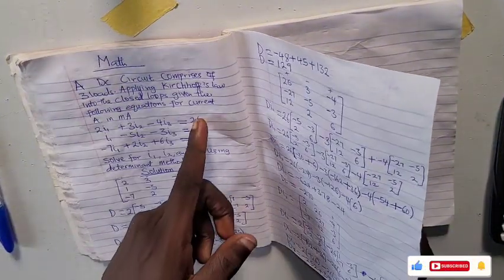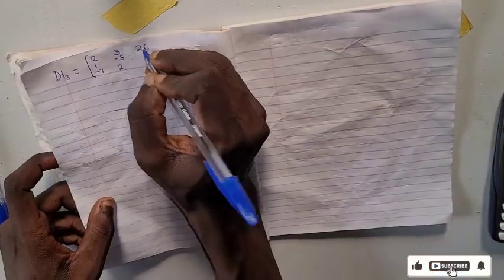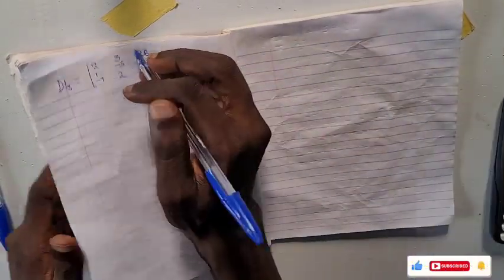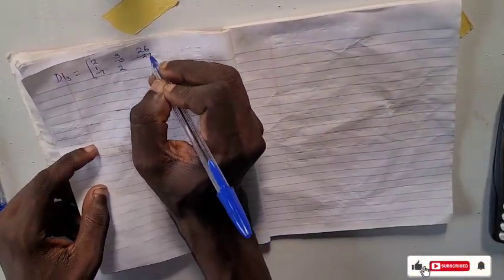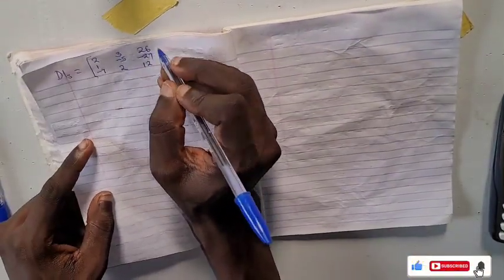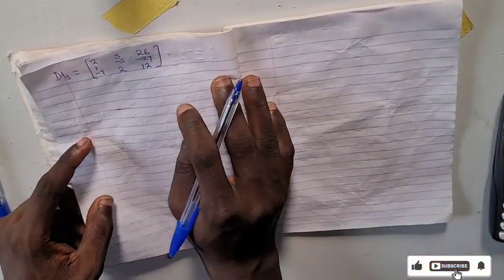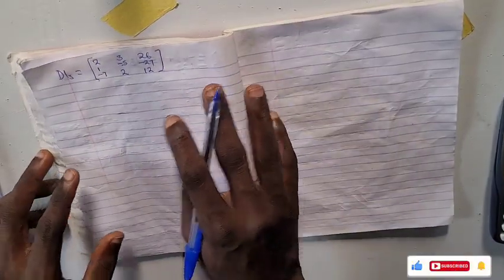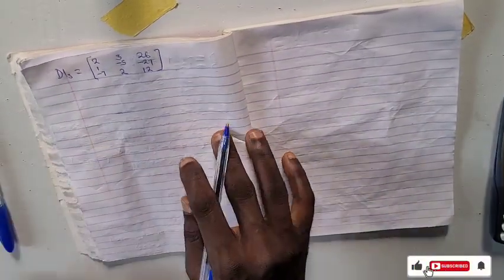So I will need to write this instead of this. So we have 26, minus 27, and 12. So we need to get the determinant of this I3.